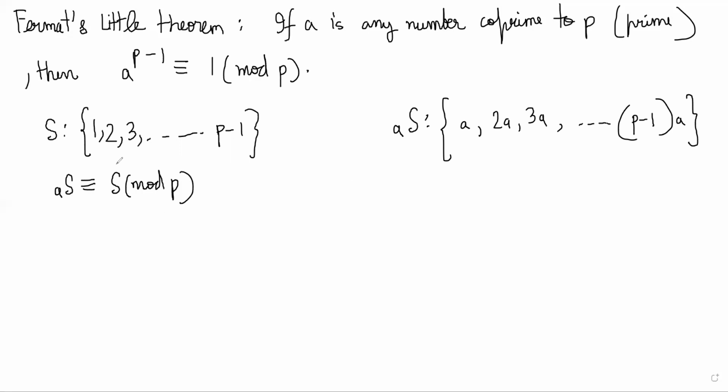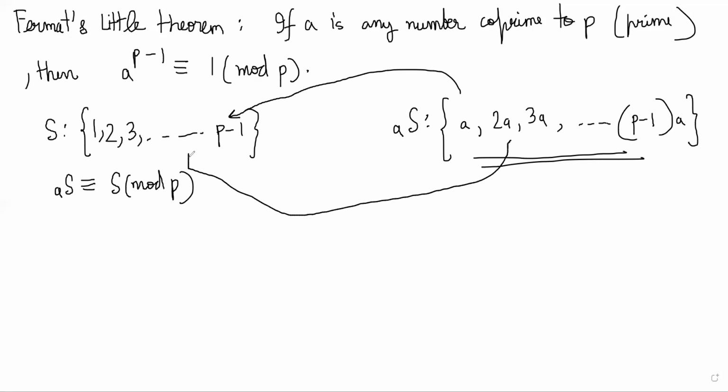So what we will do is multiply each element of this AS set. Each element of this AS set is actually congruent to some particular element here, right? There is a connection. Each element here corresponds to one element here, right? So if we multiply, the result will still remain congruent, right? Because if two numbers are congruent to each other, then multiplication will still remain congruent, right?